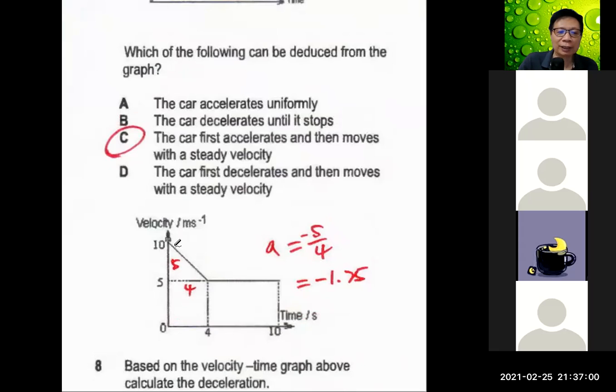You count this part only. Gradient is negative, so you take 5 divided by 4, but put negative because the gradient is negative. So negative 5 over 4, negative 1.25. But why is the answer not negative 1.25?